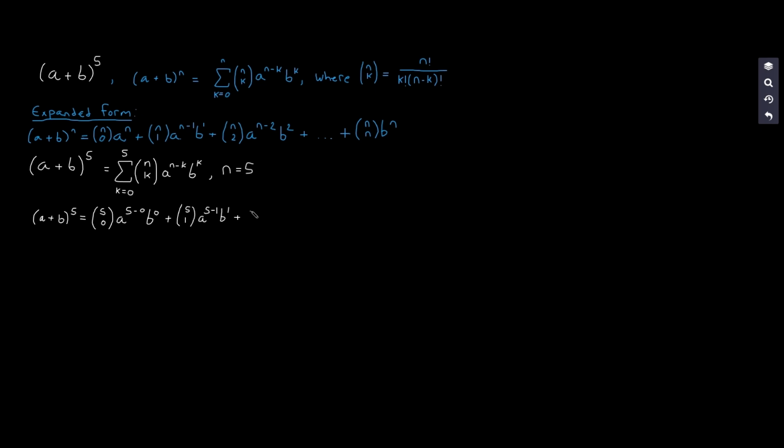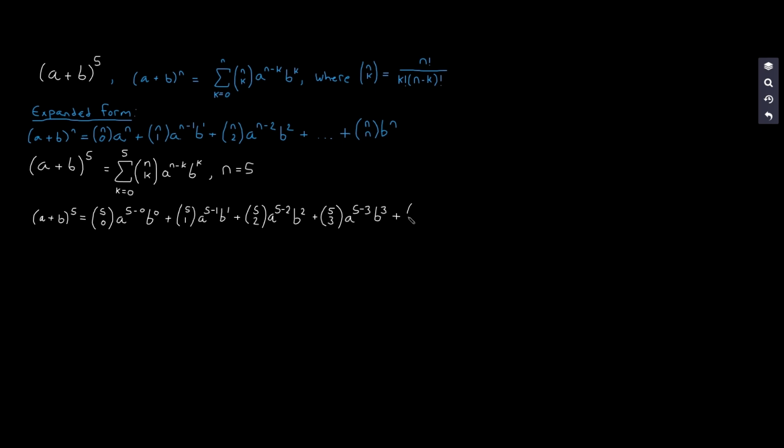Then for the third partial sum, we're going to have 5 choose 2 times a raised to the power of 5 minus 2 times b raised to the power of 2. For the fourth partial sum, we're going to have 5 choose 3 times a raised to the power of 5 minus 3 times b raised to the power of 3.